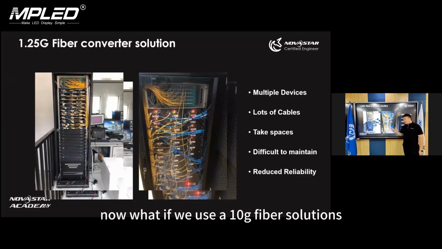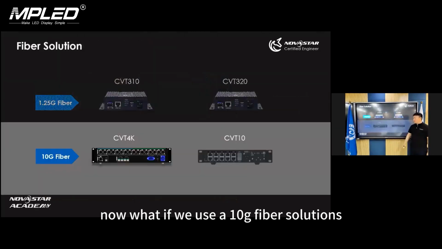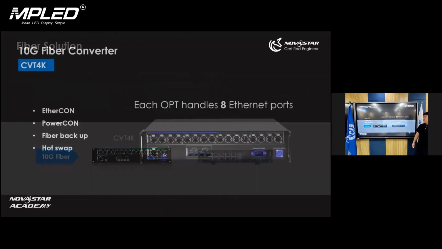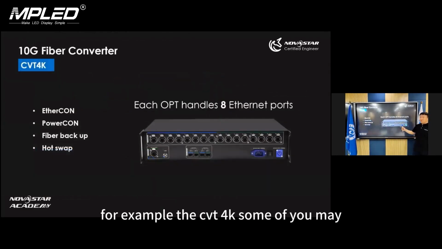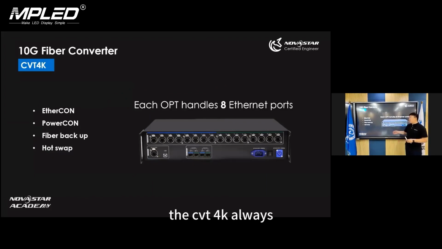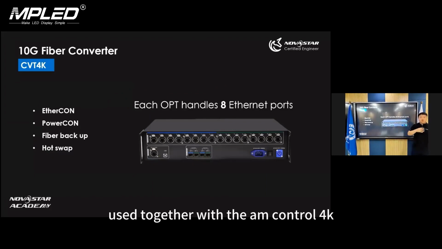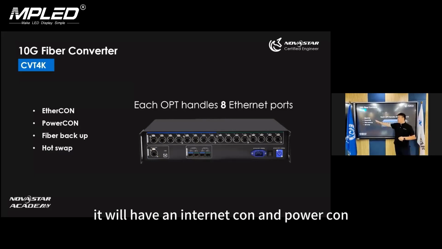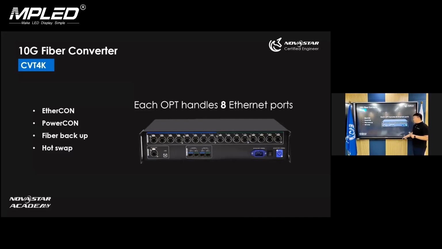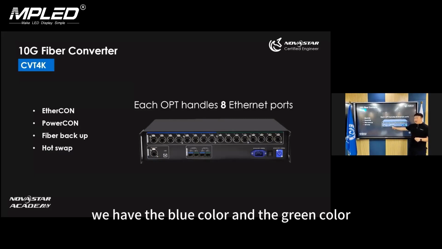Now, what if we use 10G fiber solutions, like the CVT4K or CVT10? For example, the CVT4K, some of you may have already used this in a project. The CVT4K is always used together with the AMP control 4K. It has Ethernet port and power port fiber backup and hot swap. Here, as you can see, we have the blue color and the green color.